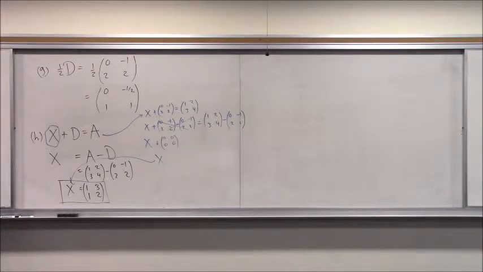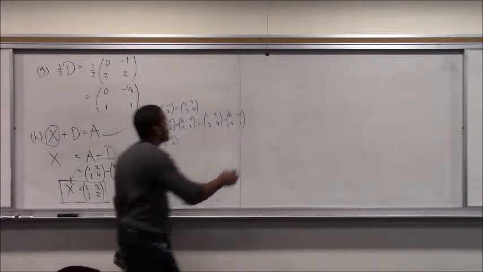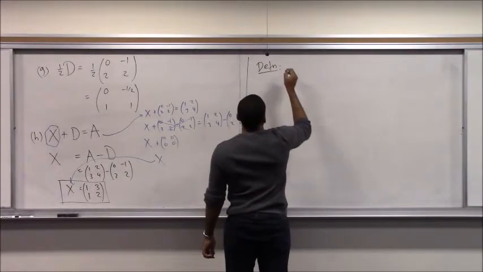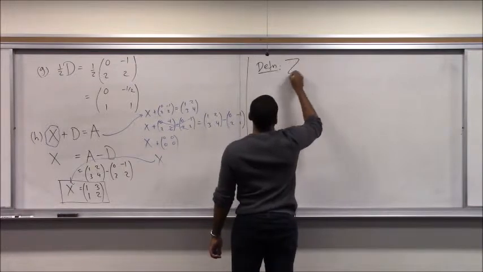Let's talk about a few other definitions, and then I'll show you how to enter matrices in your calculator. Maybe you can even redo some of these. Okay, just some more definitions here. There's what we call the zero matrix.